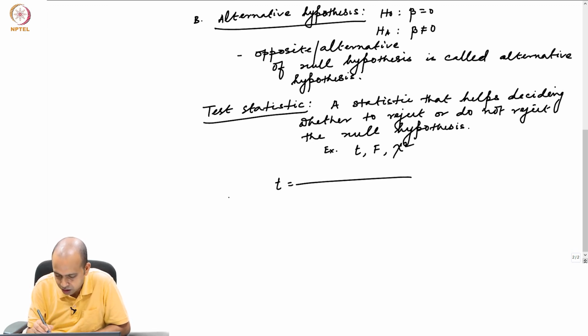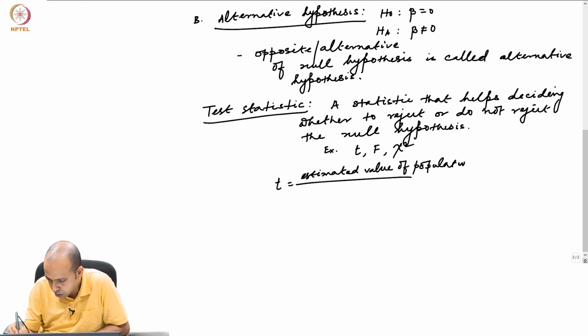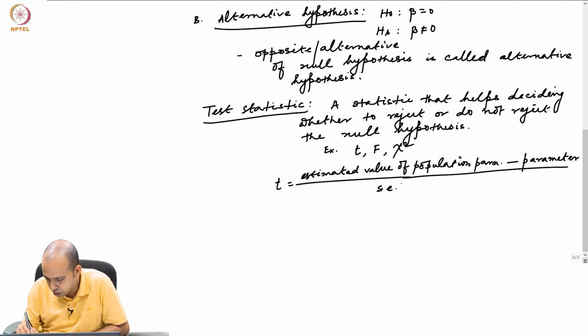The definition is: estimated value of the population parameter minus the parameter, divided by the standard error of the estimate.